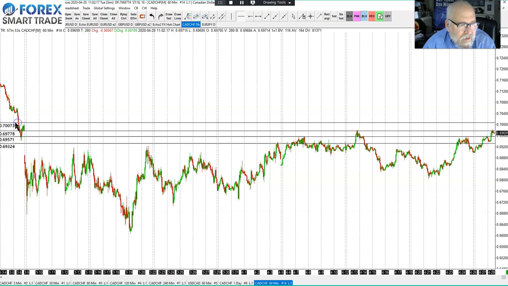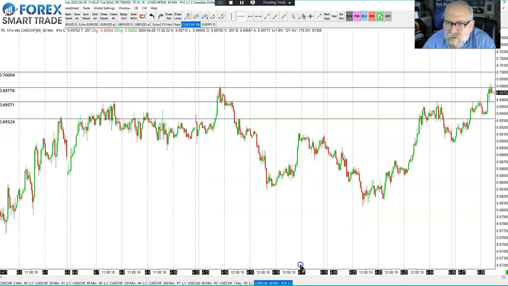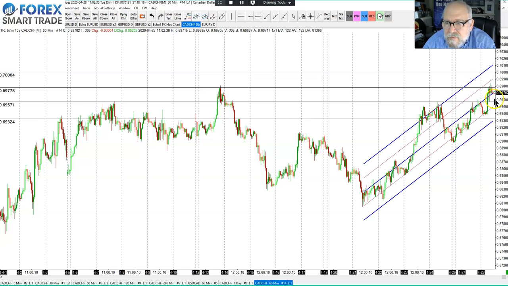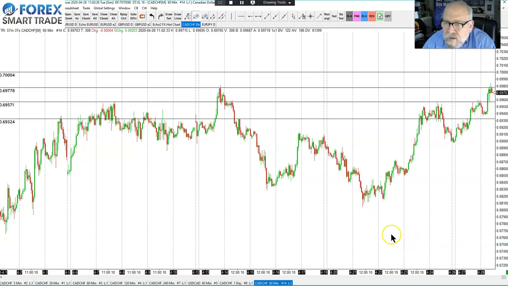And one above. All right, so we are trading into an uptrend. Been going up the last week. So when I trade into an uptrend, I want to be careful on taking a down trade, a sell trade.